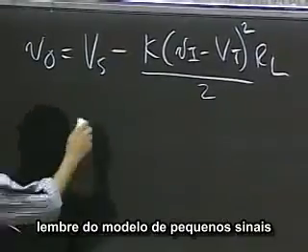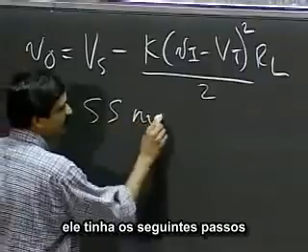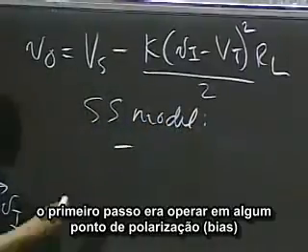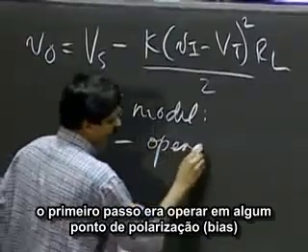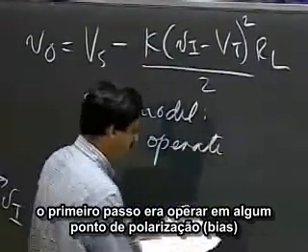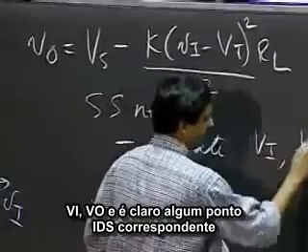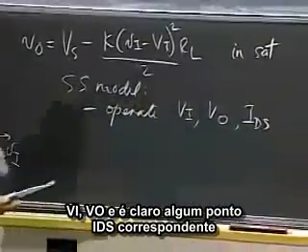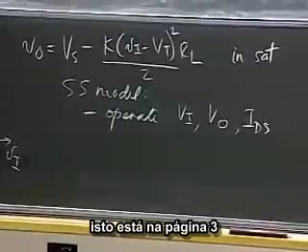Okay, so recall the small signal model had the following steps. The first step was operate at some bias point, VI, V naught, and of course some corresponding point IDS. This is page 3.